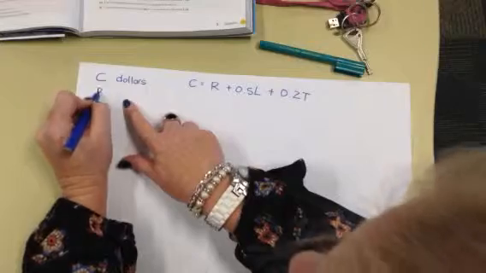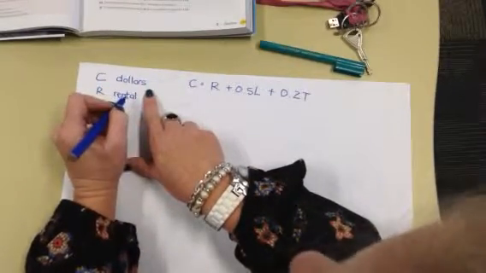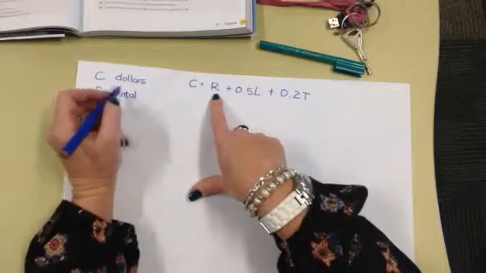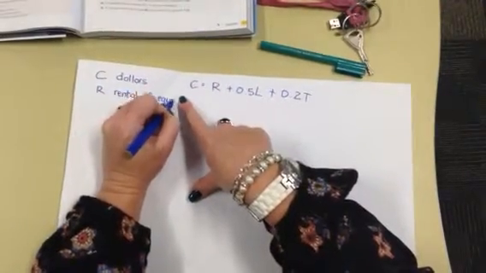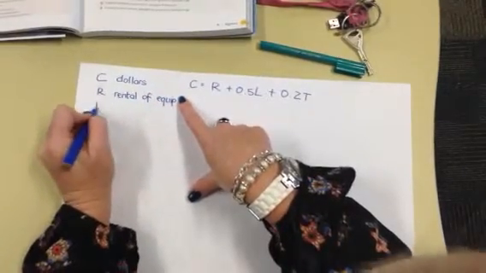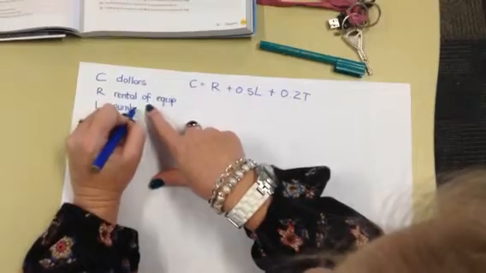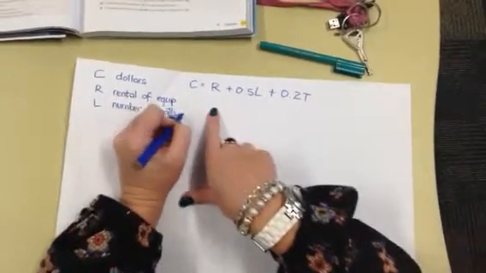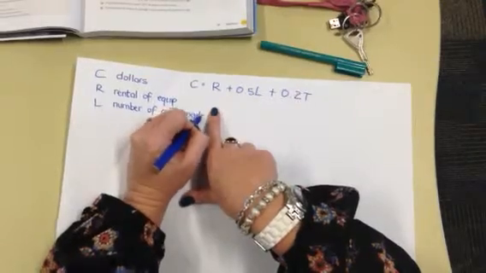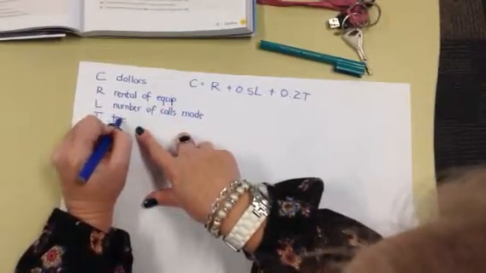R is the rental of the equipment. L is the number of calls made. T are the text messages sent.